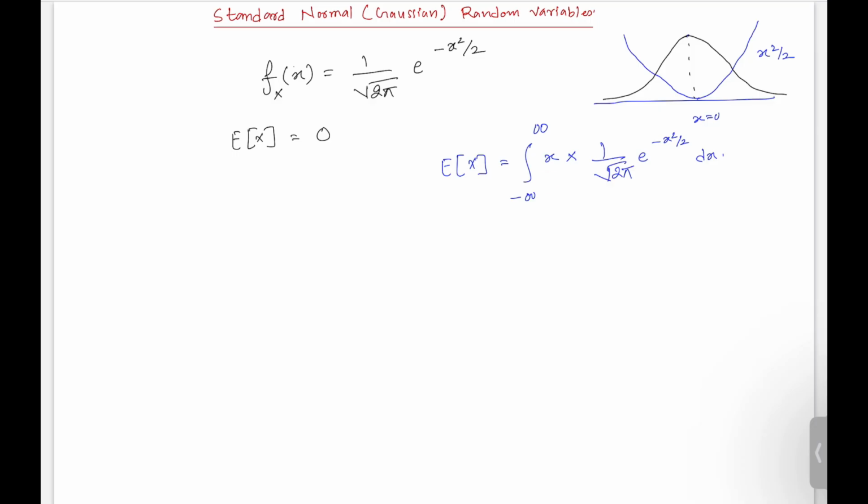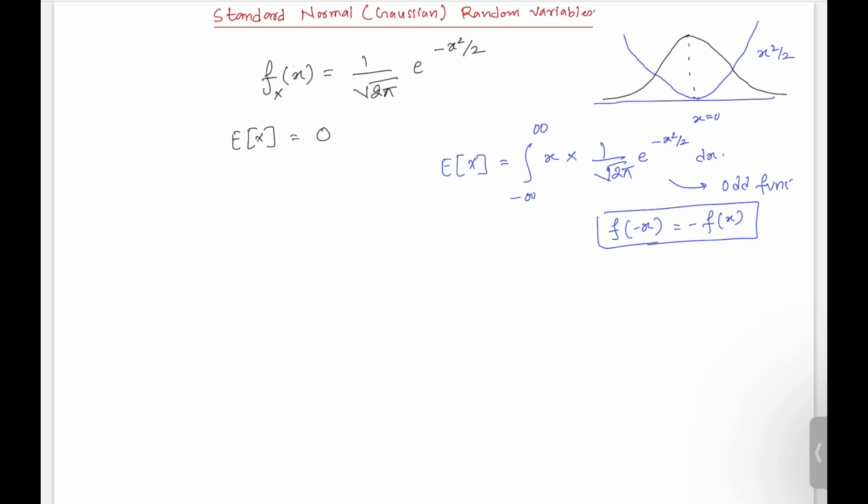If you look at this function, it is an odd function. How? If you put minus x, what you will get is minus times f of x, right? So this expression is an odd function.